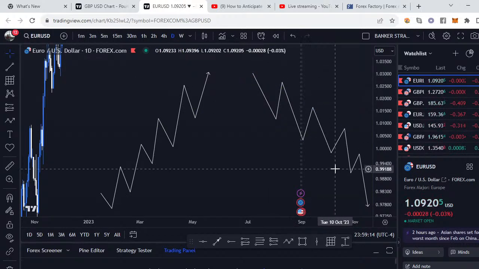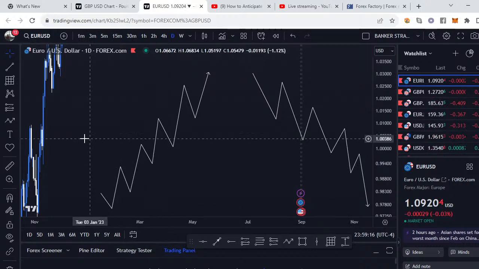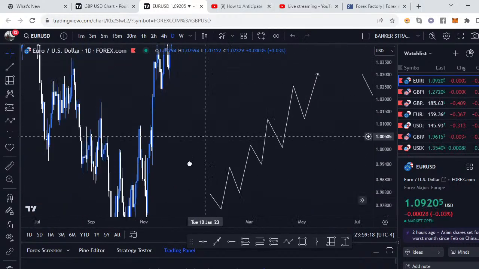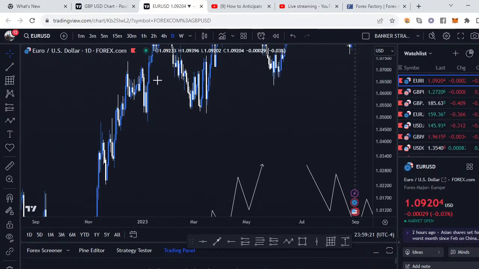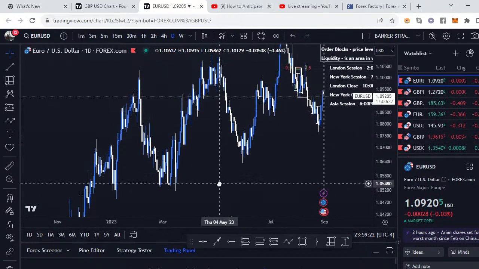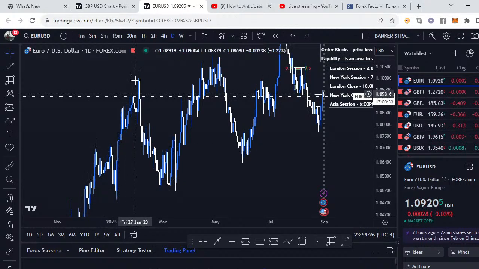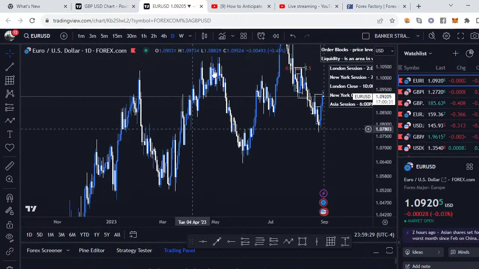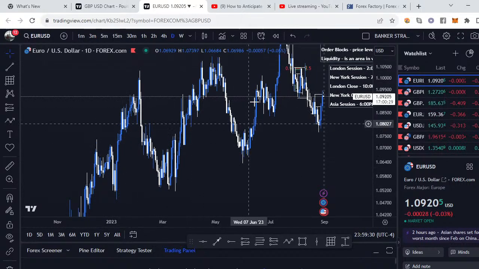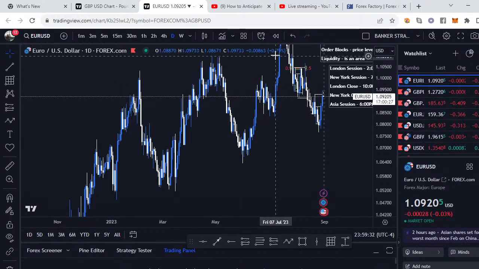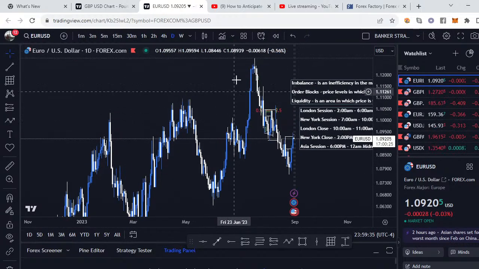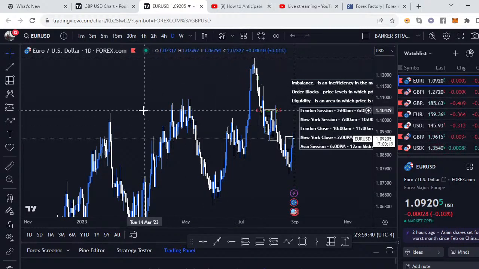All right. So when the market is going up from here, you see how the market is going up, up, down, up, down, up, down, up, down, up. That means that we're in an uptrend.